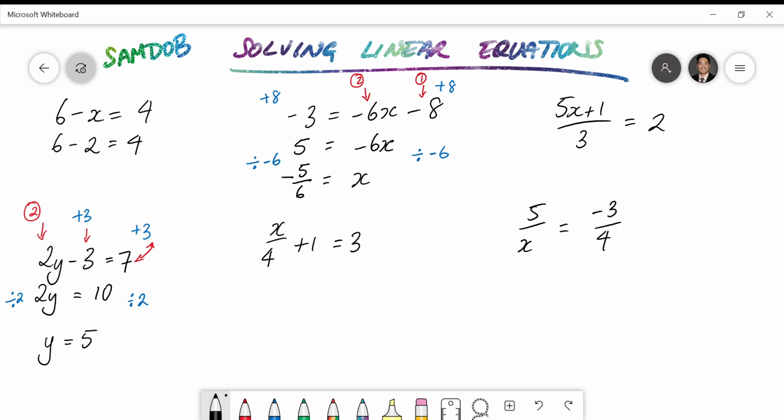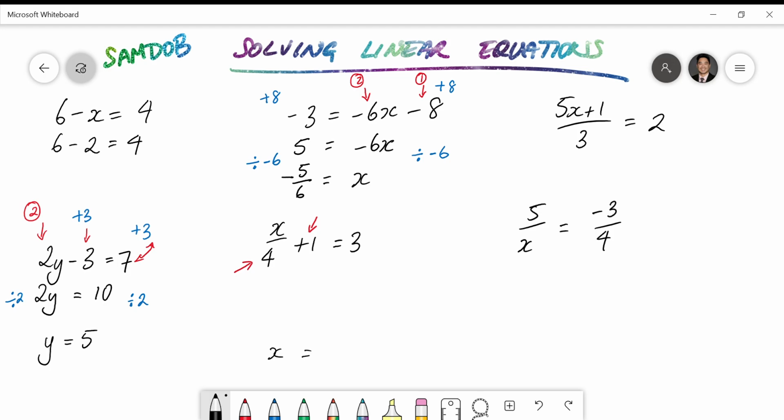All right, so next question, we got x over 4 plus 1 equals 3. So now we're dealing with fractions within the linear equation, and we do have two numbers. We've got the 4 at the bottom, we've got the 1 over here. Our goal is to get x on its own, and the question is, which one do we do first?